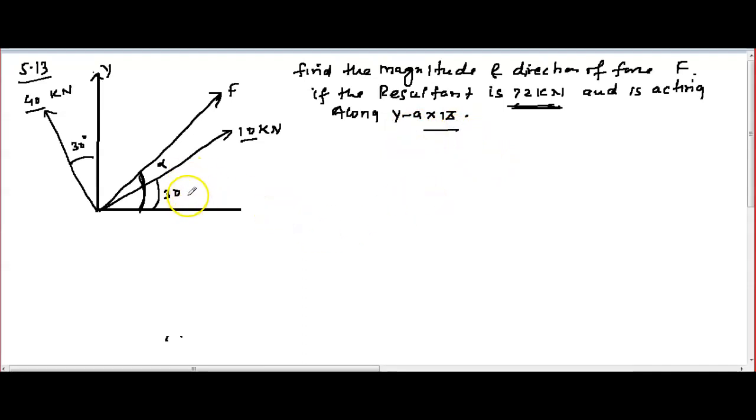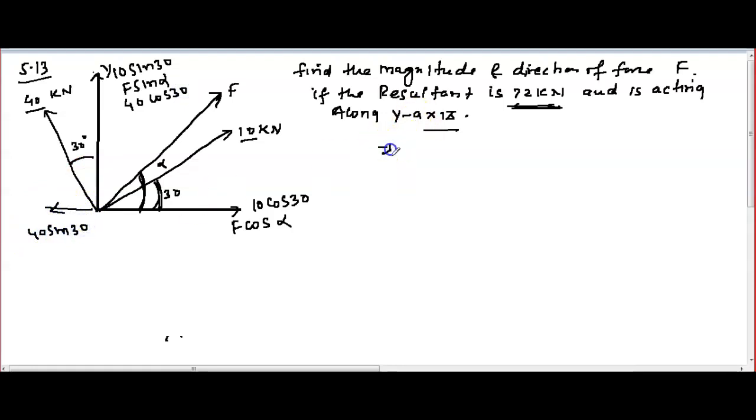So first we'll decompose all the forces here. This 10 is given, so you can write 10 cos 30. This is 10 sin 30. This is F given here, so I can write F cos alpha, and this is F sin alpha. And this one I can write as 40 cos 30, 40 sin 30.